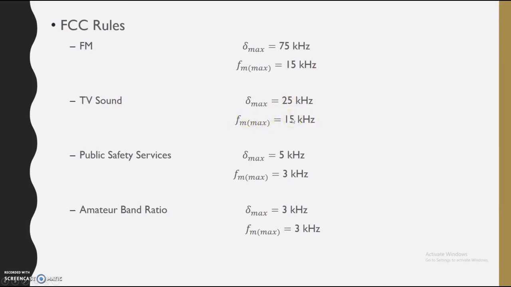In public safety services, the maximum carrier deviation is 5 kHz, and the maximum allowable intelligence frequency is 3 kHz. Lastly, in the amateur band, the maximum carrier deviation is 3 kHz, while the maximum allowable intelligence frequency is 3 kHz also.